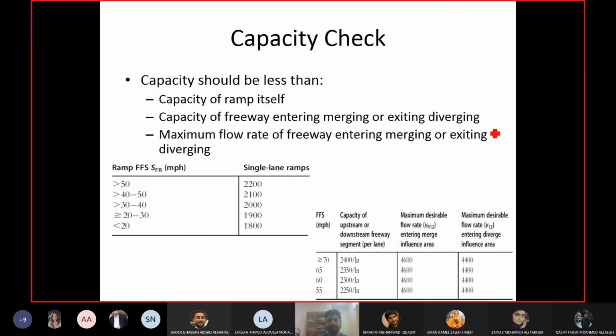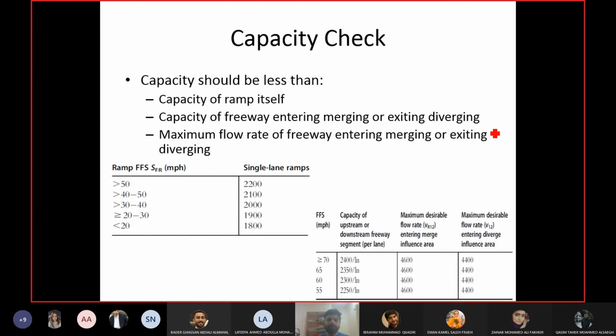The capacity that you calculate for the merge and diverge area should be less than the capacity of the ramp. It should be less than the capacity of the basic freeway segment of the same freeway, the segment which is without the ramp.